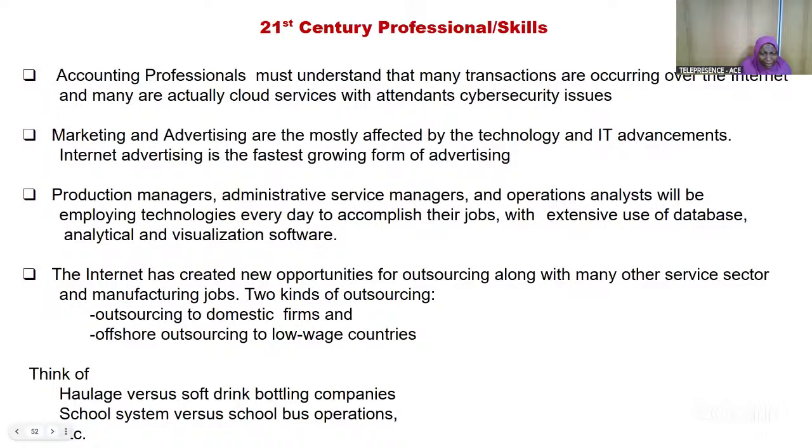He has to accomplish his everyday job, and all he needs is buried in online or physical databases, in analytical and visualization software. So he cannot be void of visualization software, analytical software, and simple operations using electronic databases.